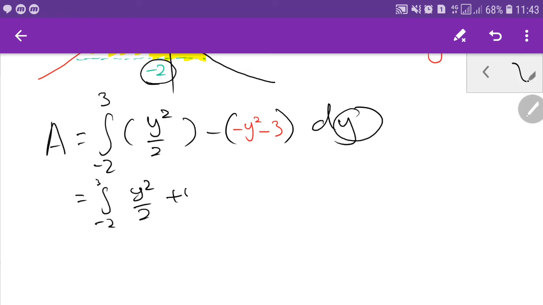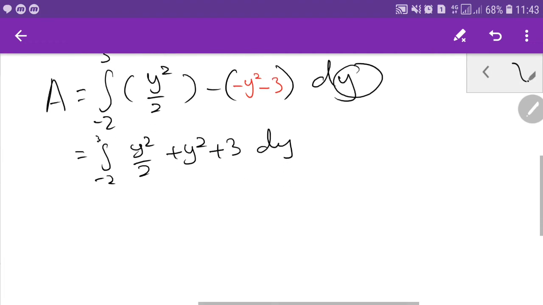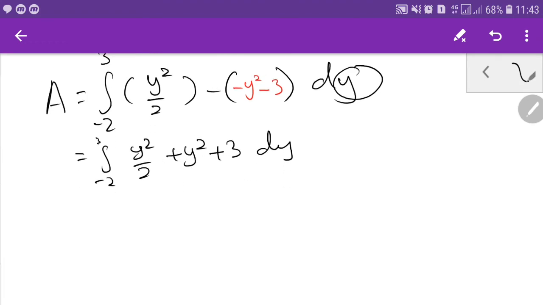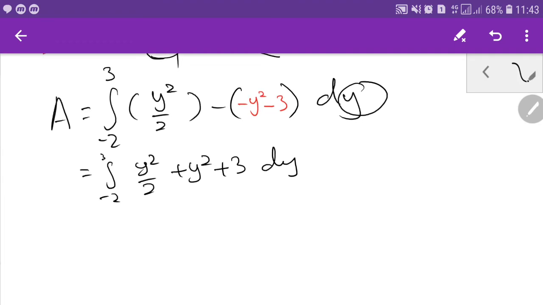So from minus 2 to 3, open or expand the negatives, so we have y squared plus 3 dy. It's nice already, we can integrate it. So y cubed over 6 plus y cubed over 3 plus 3y.